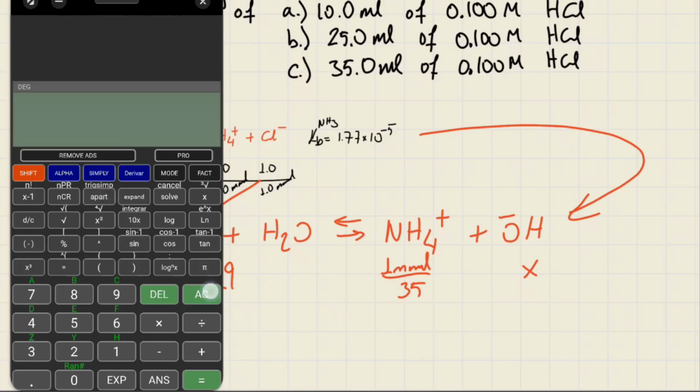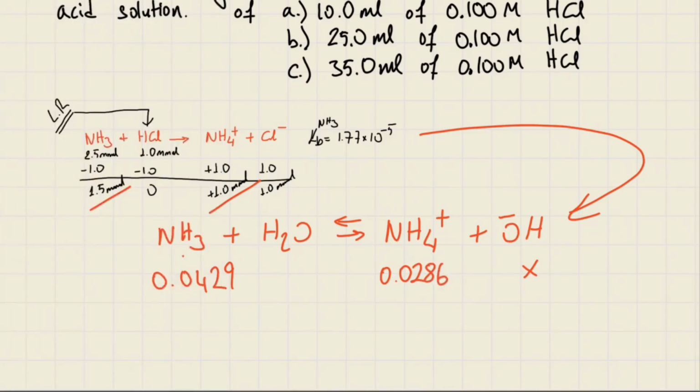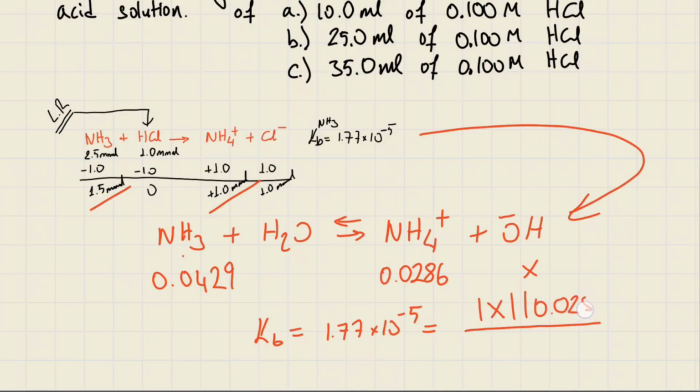So 1 millimole over 35 is 0.286. So Kb, you know the Kb, 1.77 times 10 to minus 5. We don't know the OH. We know this value and NH3.